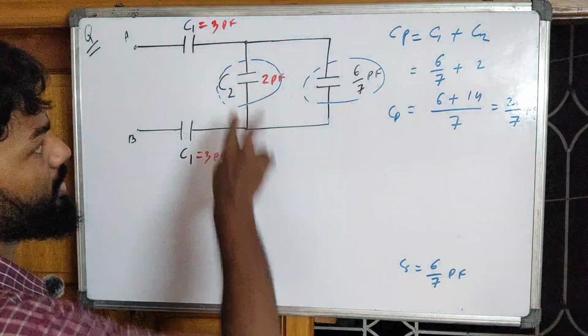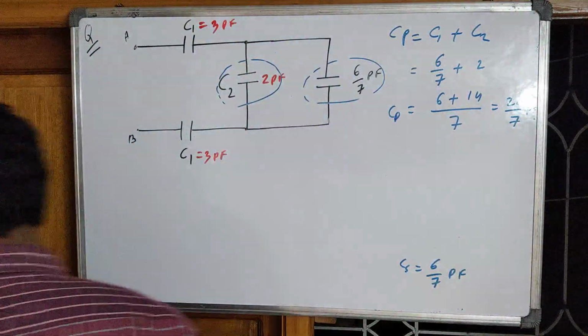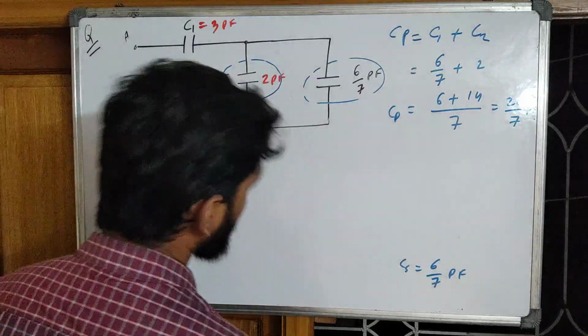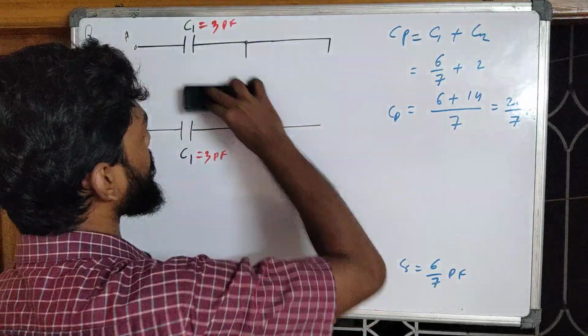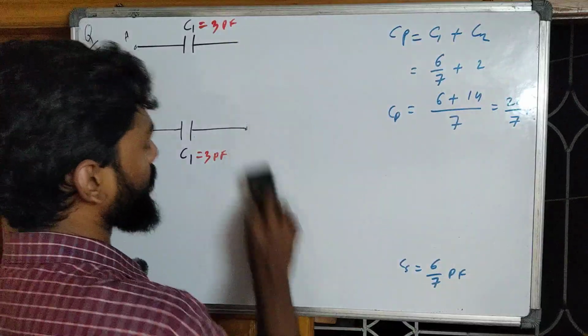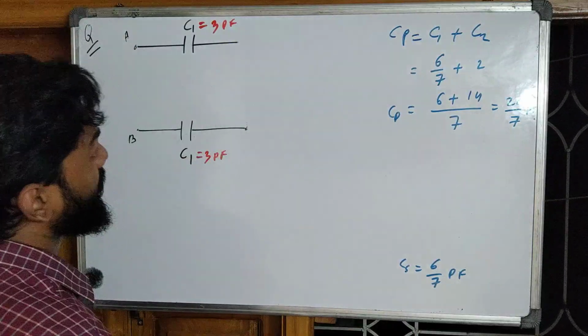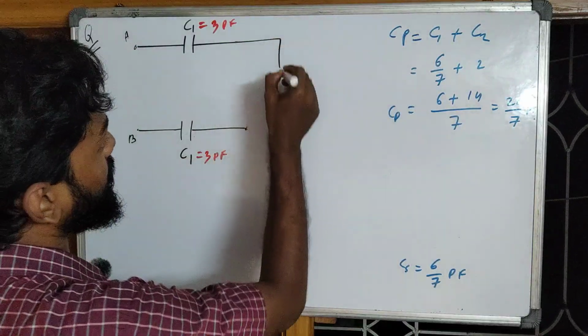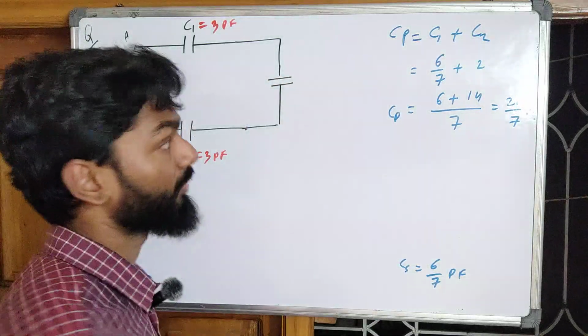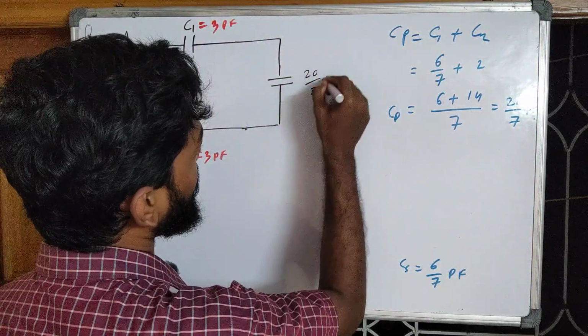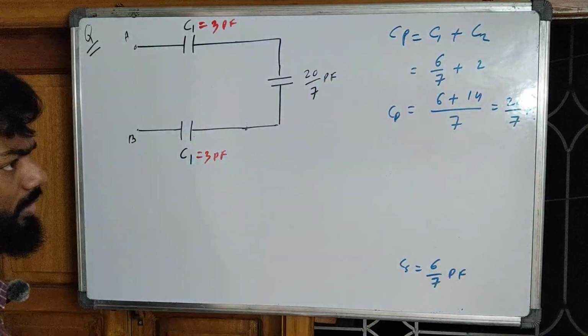So these two we have solved: 20 upon 7. Again, what's equivalent? We can put a single capacitor in place of these two, of value 20 upon 7 picofarad.